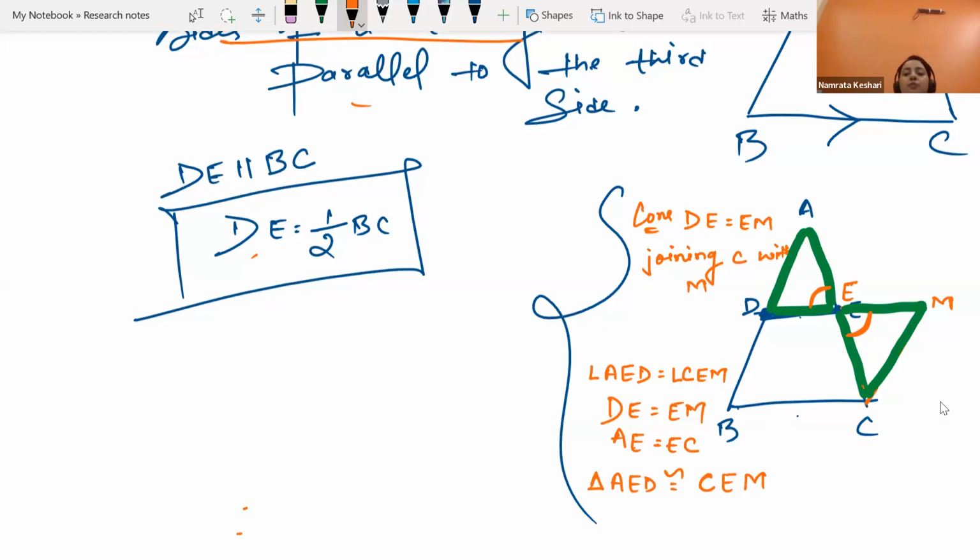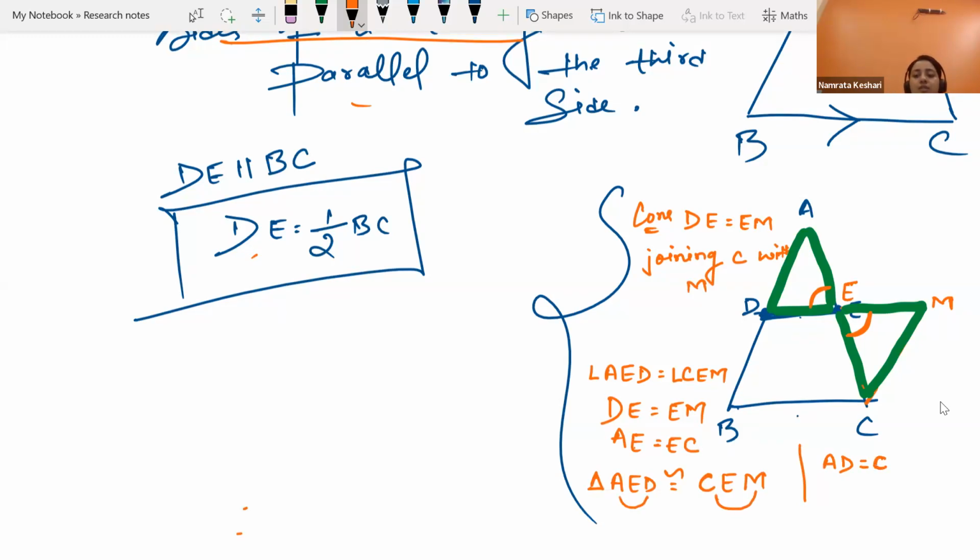Now, once we are done with proving the congruency of these two triangles, by CPCT, can we say that side AD over here is equal to side CM over there? Can we say that?